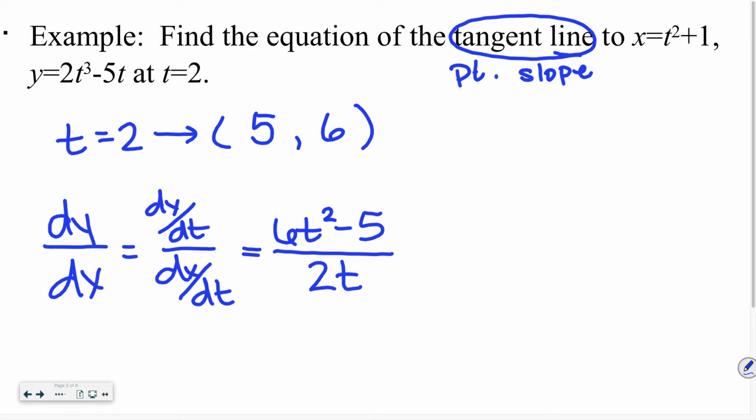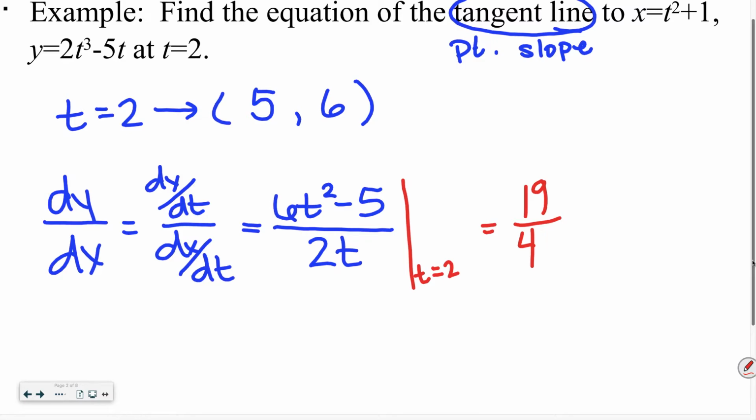And we would want to evaluate that at t equals 2. Which would give us a crazy number. So our tangent line equation would be y minus 6 equals 19/4 times the quantity x minus 5.